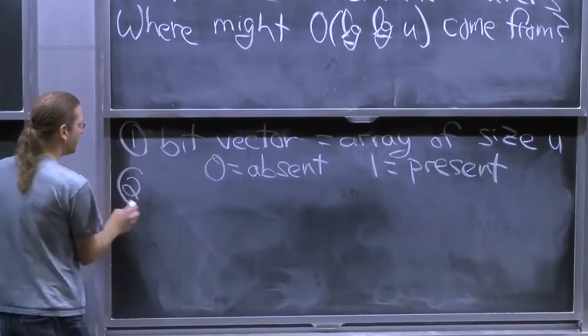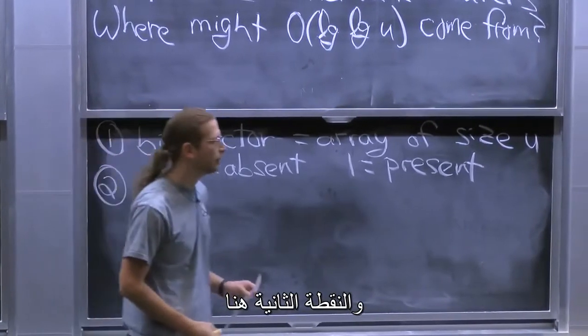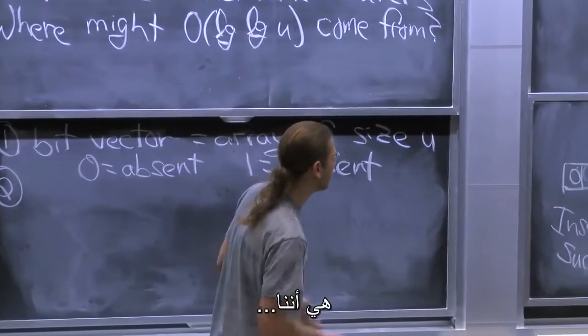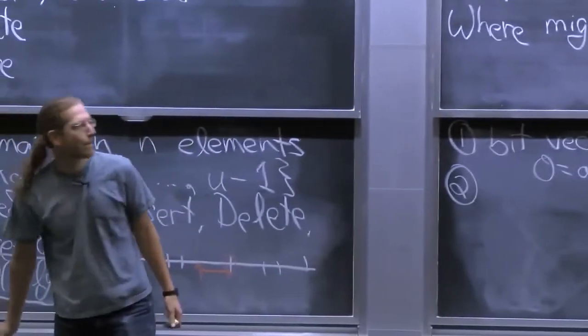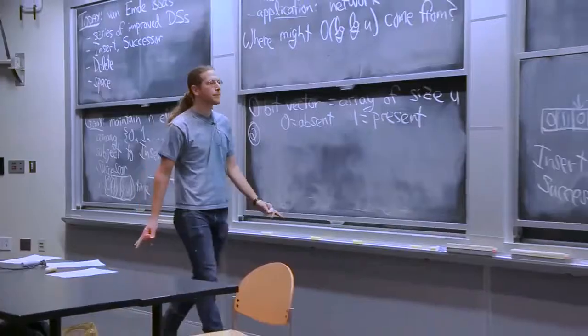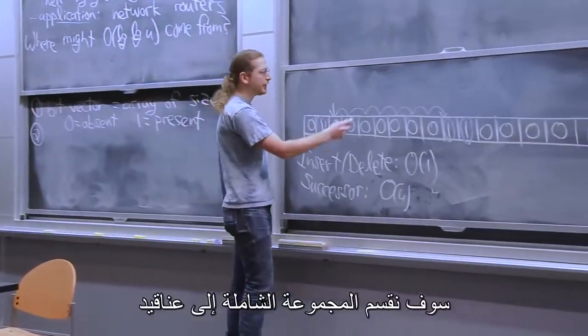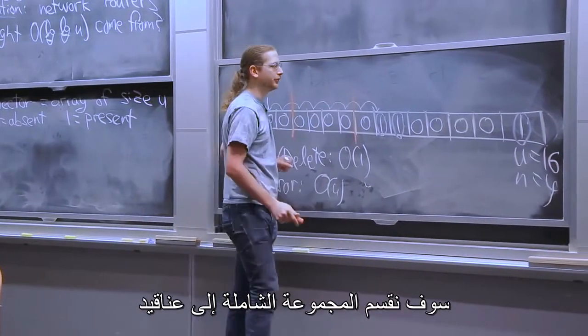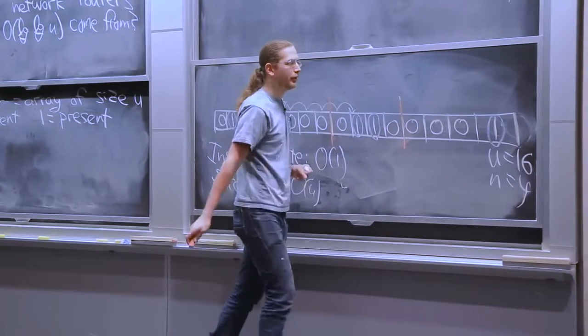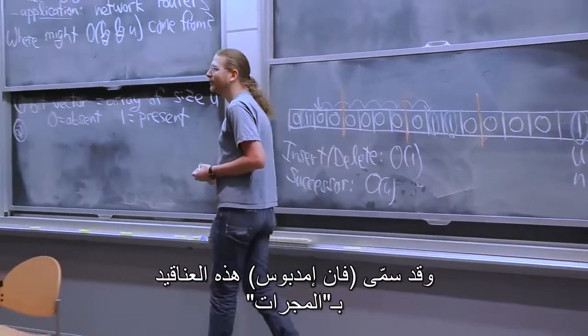So the second idea is we're going to take our universe and split it into clusters. Van Emde Boas, the person, likes to call these galaxies.